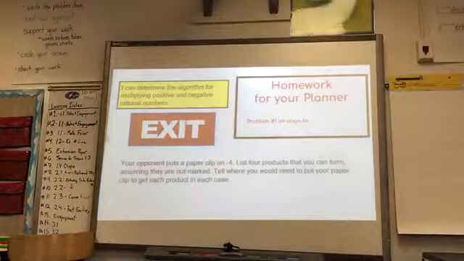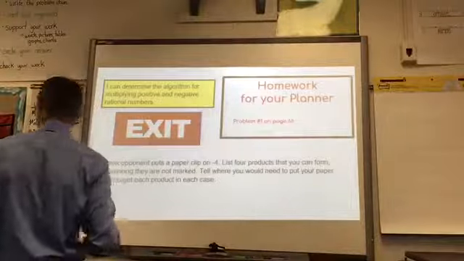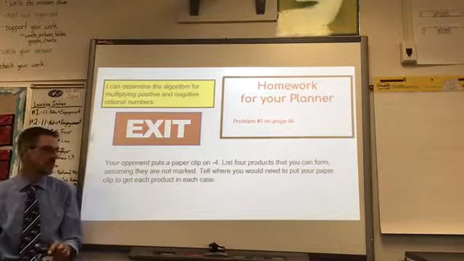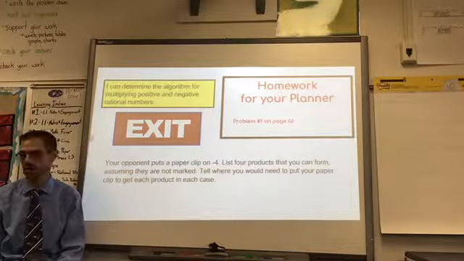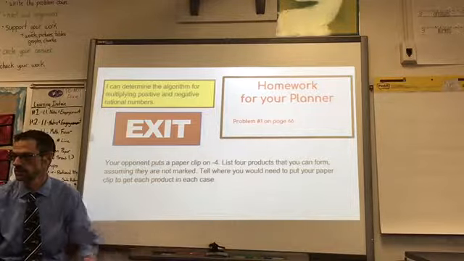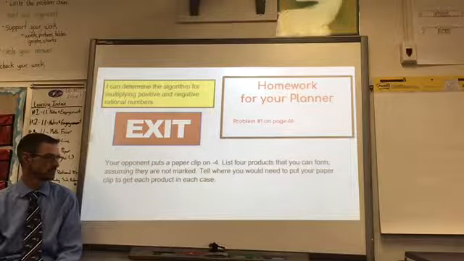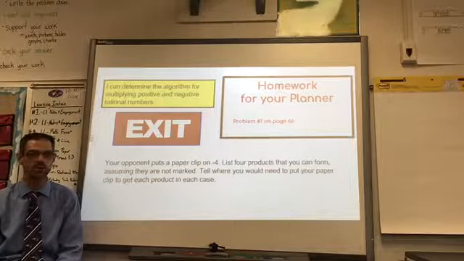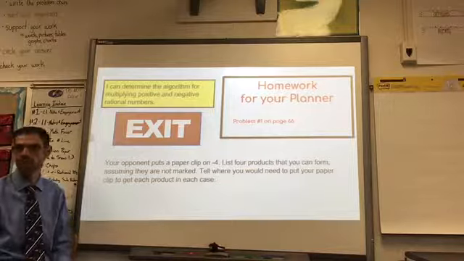There it is. Problem 1 on page 66. That's for tonight. And then here, your opponent puts a paper clip on -4. List 4 products that you can form with a -4. So you have to tell me the products and then what were the pairs of numbers. Someone give me one of them.